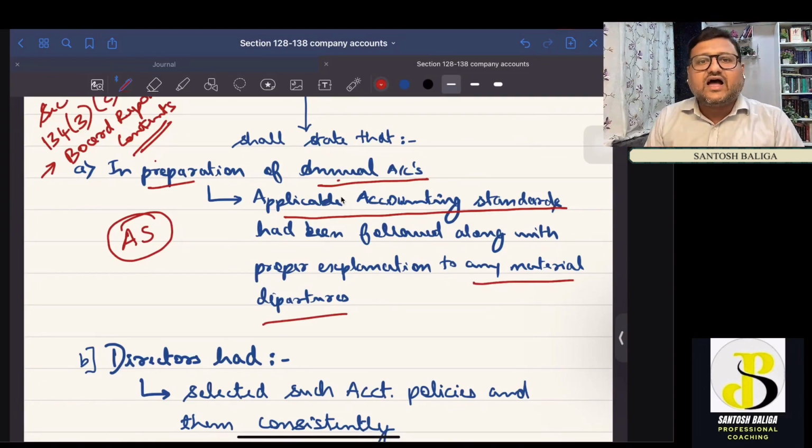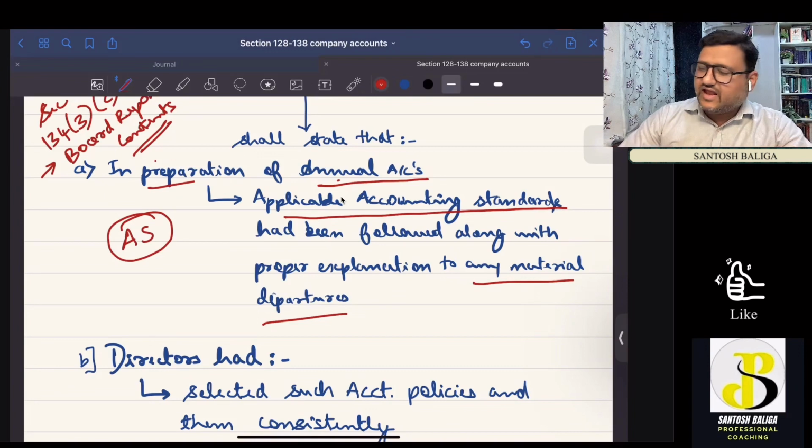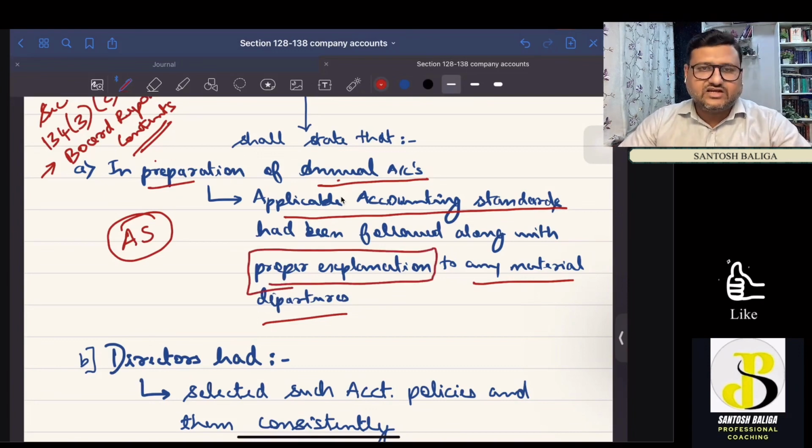So the directors are stating in this statement that the applicable accounting standards have been followed by the company for its financial statement. And in case there is any material departure from the accounting standards, then a proper explanation for that shall be provided in this statement.